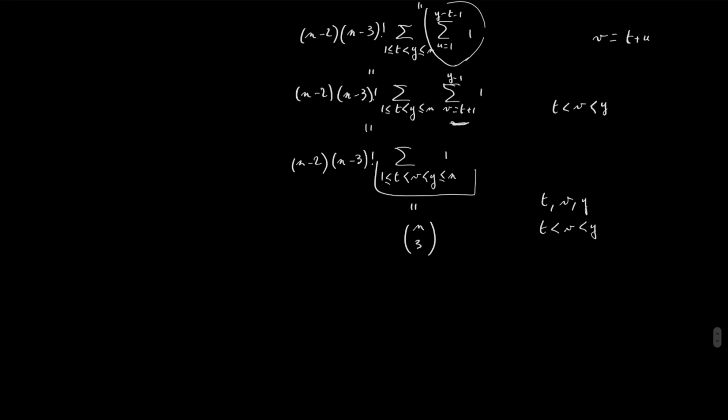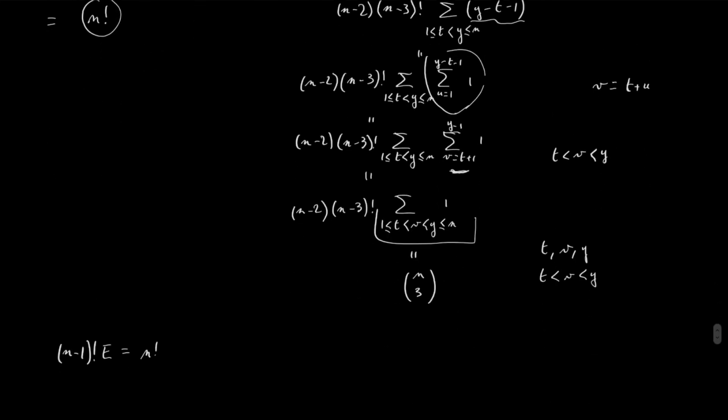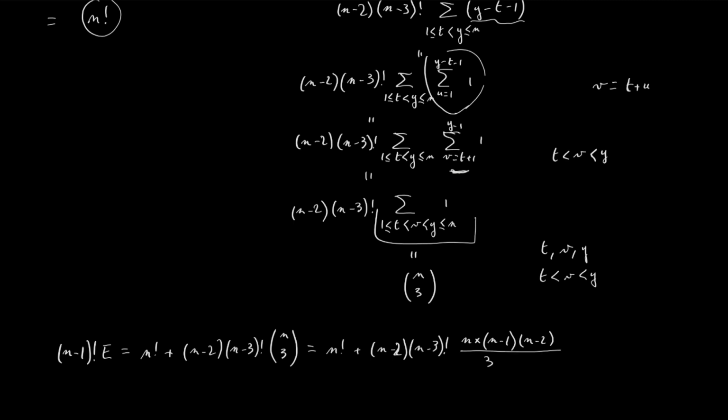So finally, we can say that n minus 1 factorial multiplied by the expectancy is equal to n factorial plus n minus 2, n minus 3 factorial multiplied by n choose 3, which is equal to n factorial plus n minus 2, n minus 3 factorial, n multiplied by n minus 1 multiplied by n minus 2 divided by 3 multiplied by 2.